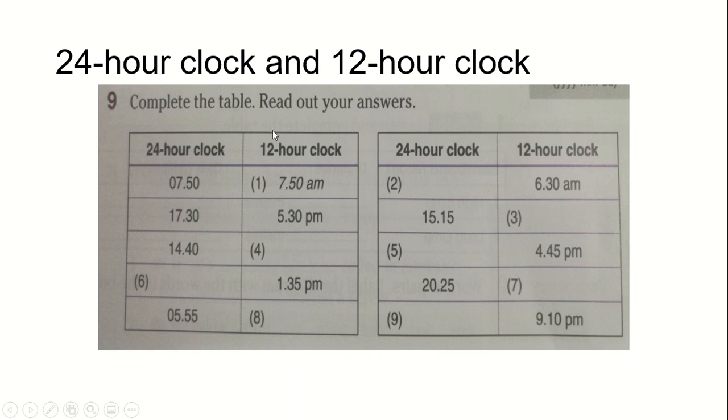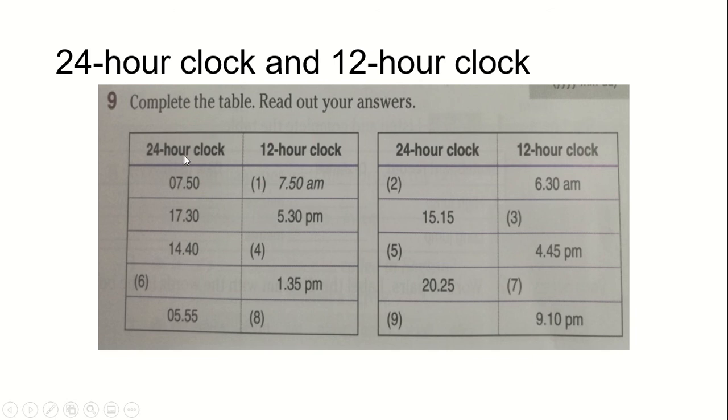Okay, here let's look at this table first. 24-hour clock and 12-hour clock. What we notice about the 24-hour clock is that we don't write AM or PM. But here, in the 12-hour clock, we have to write AM or PM. Let's look at the first one, for example.